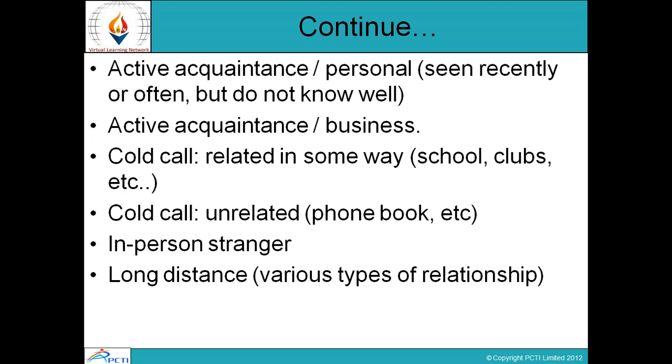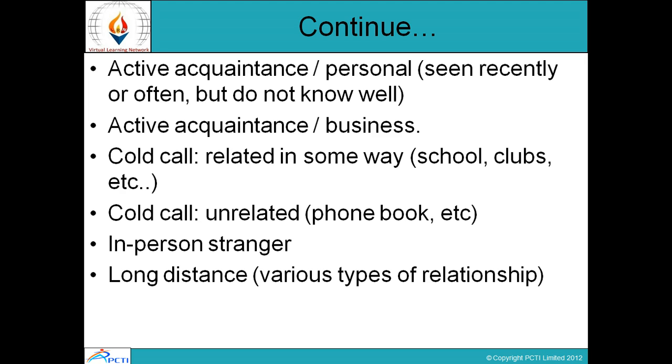Active acquaintances are persons that are seen recently or often but not known well. आपने किसी को अभी कुछ टाइम पहले ही देखा है, although आप उसको जानते नहीं हैं, वो भी आपकी एक prospect list का part बन सकते हैं. Active acquaintance businesses also. Sometimes by performing a cold call, related in some way, school, club, etc. We have already covered this part.